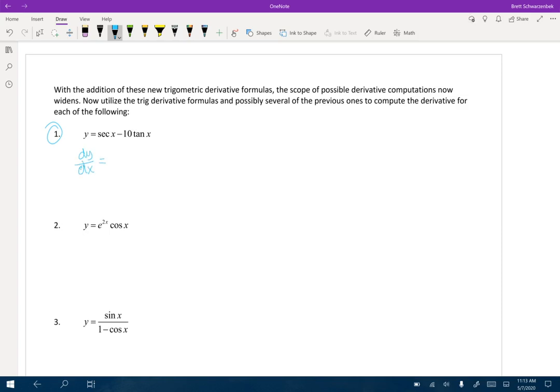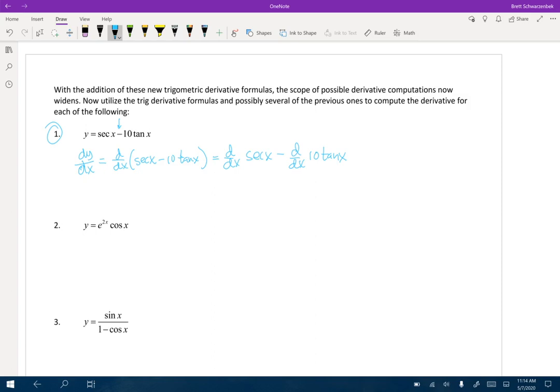Okay, so remember, if you have a minus sign or a plus sign between two functions, the derivative of a difference is the same as the difference of the individual derivatives, right? Okay, this is something that you've already learned before, but I want to be clear that it doesn't change when trig is involved.